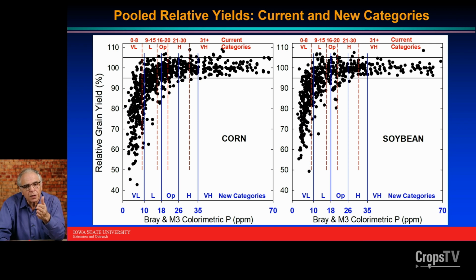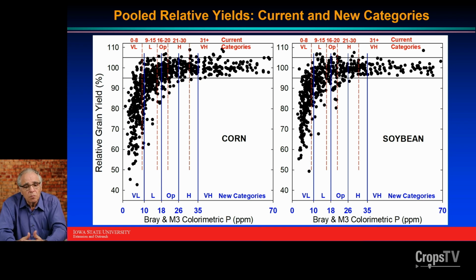It's the relative grain yield response. And then at the top of the two graphs for corn and soybean, you see those red numbers are the current categories. So the ppms by the Bray method or the Mehlich 3 colorimetric, I'm not showing the numbers for all the methods. So you see that for the very low, it used to be 0 to 8, 9 to 15, the optimum 16 to 20, etc.